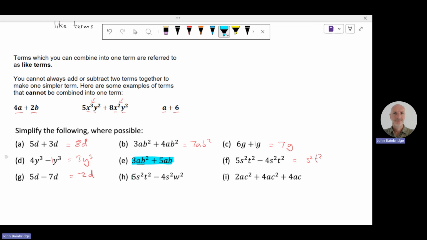One has a w, the other term hasn't, so you can't simplify that one. And the last one, 2ac squared plus 4ac squared. So these two are like terms, so that makes 6ac squared, and then we can't add the 4ac because this has got a c and not a c squared, so we have to leave it like that.